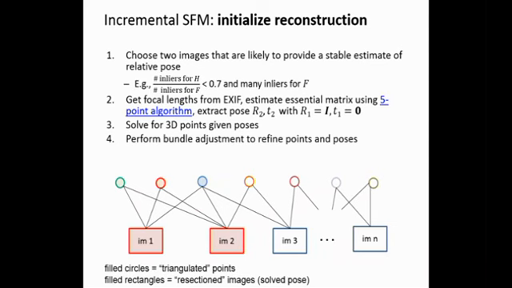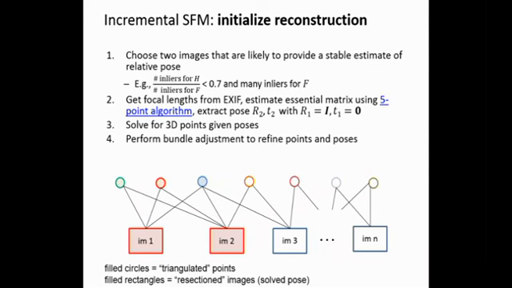So you check the number of inliers for the homography between the images, and the number of inliers for the fundamental matrix, and check that the ratio is less than 0.7. And also, otherwise, you want to have a lot of inliers. So that's how you choose your first pair.